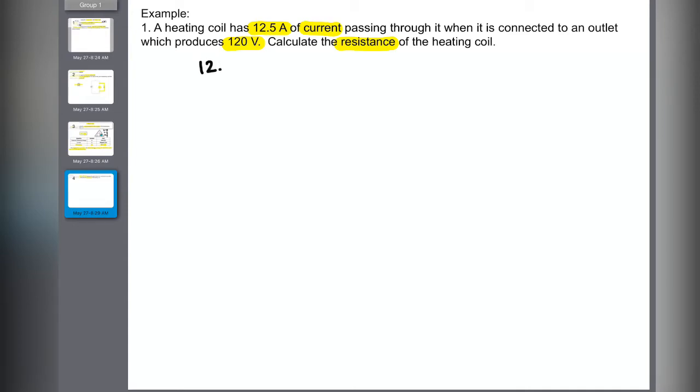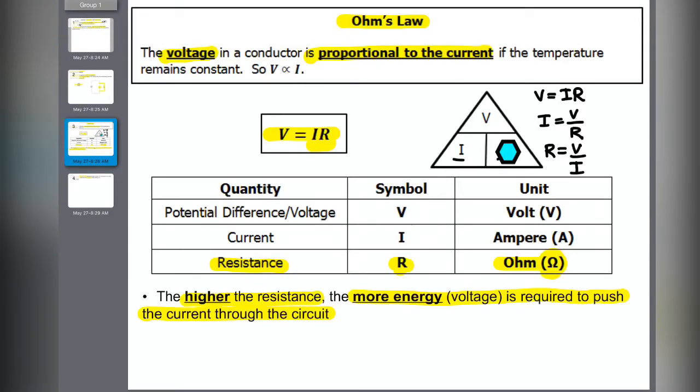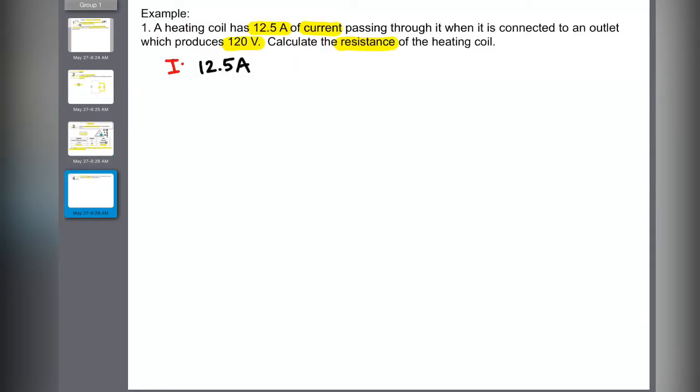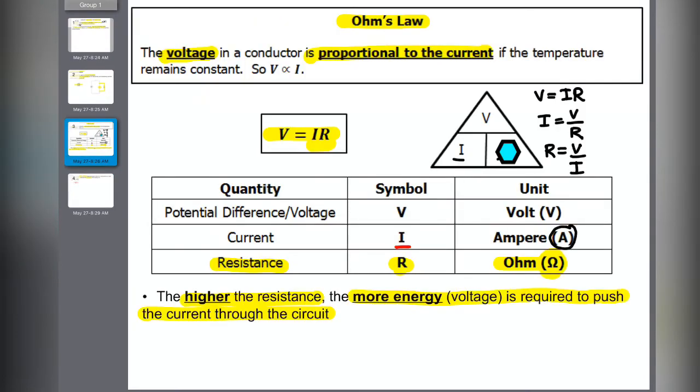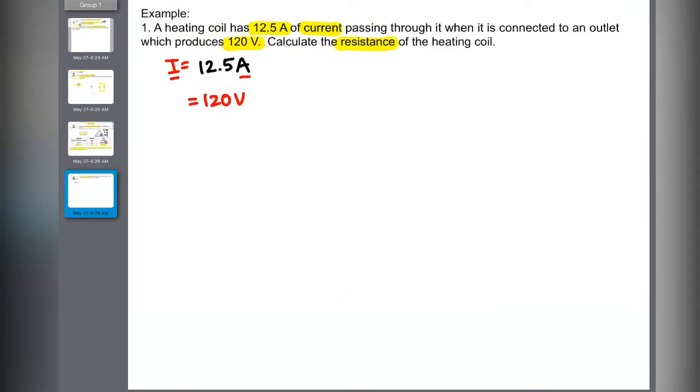If something is measured in 12.5 amps, even if they didn't say the word current, if you have the chart made, all you have to do is look at it: something measured in amps is I. See how helpful it is to have that table with you? Then you recognize the unit goes with the symbol. It has 120 V. What's measured in V? Go back to your table. Voltage, so capital V. I'm looking for R.